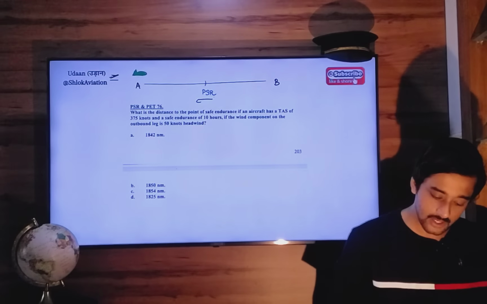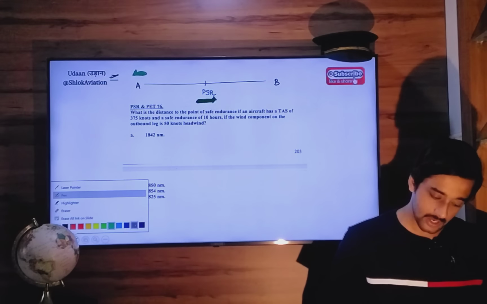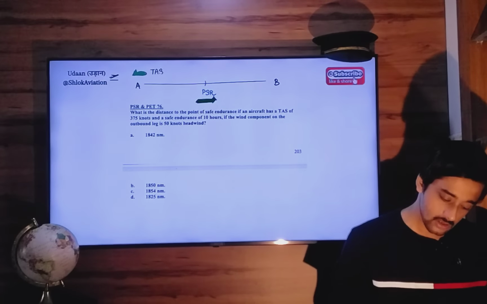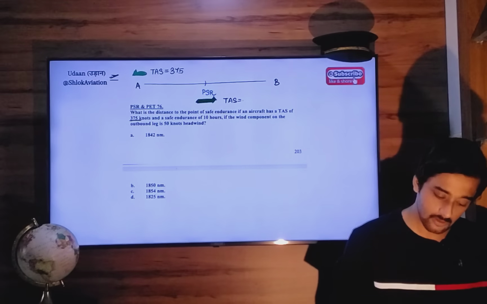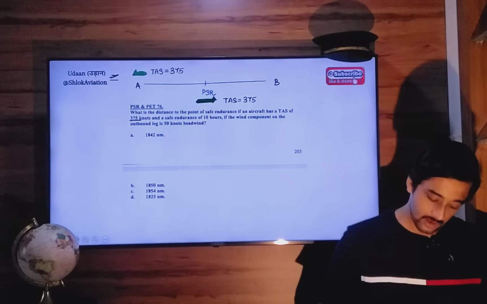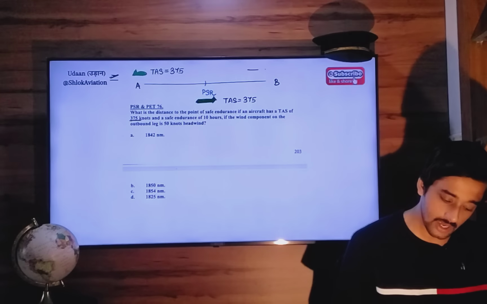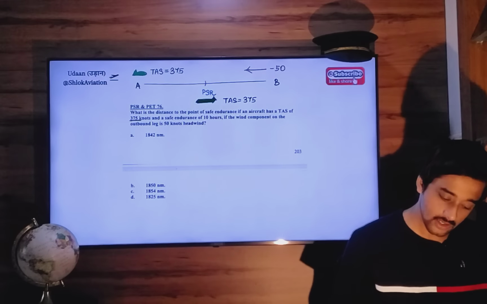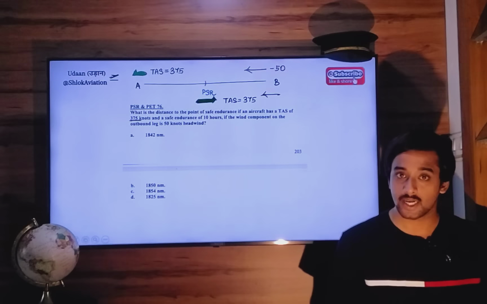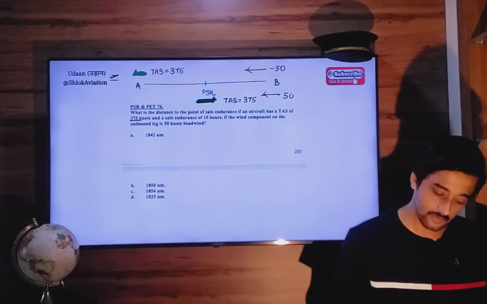Let's say it flies homebound from point of safe return. In both cases, the true airspeed of your aircraft equals 375. Now it is faced with a headwind of 50 knots on the outbound leg. So that same wind will function as a tailwind on the homebound leg.